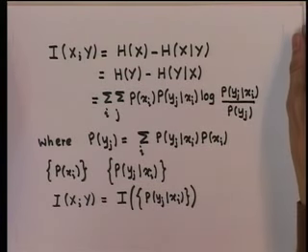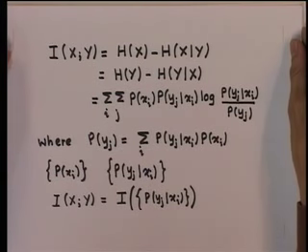Now, Shannon in his 1959 paper on source coding has found the relationship between the minimum rate and the distortion, and this is stated as follows.